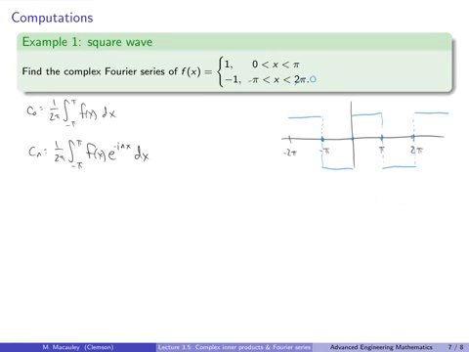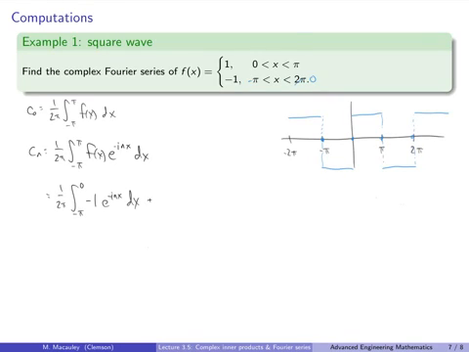Now, even though this is an odd function, we can't use any odd symmetry because we are dealing with complex exponentials, so we really just have to break this into two integrals, this part and that part. So if we do that, this is 1 over 2 pi times the integral from negative pi to 0 of negative 1 times e to the minus i n x dx, negative 1 here, and it's positive 1 on that part.